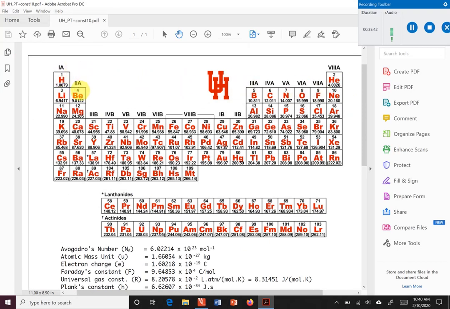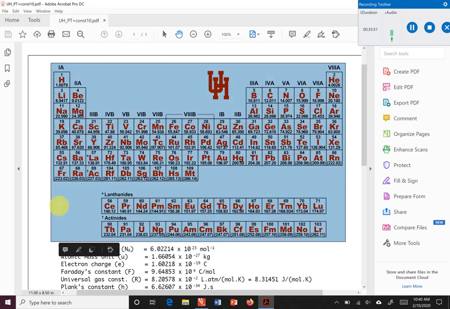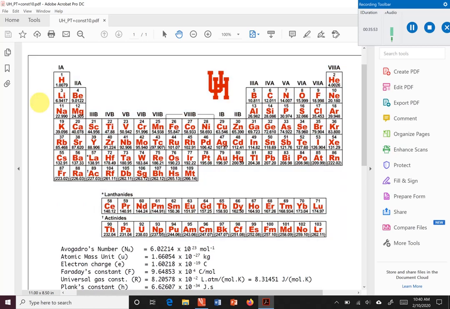So it's going to be 1, 2, 3, 4, 5, 6, 7, 8, 9, 10, 11, 12, 13, 14, 15, 16, 17, 18. I don't think the lanthanides and actinides have their own group numbers in that numbering system either. But the new numbering system, which is what the international union called IUPAC prefers, is just to number the columns 1 through 18 numerically. Now that doesn't tell you anything about valence electrons, so you lose some of that information.